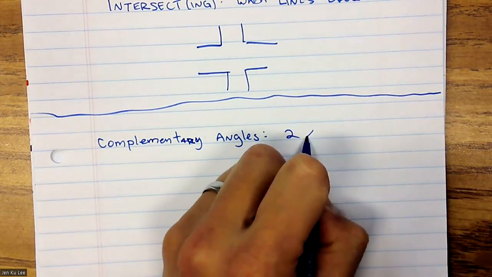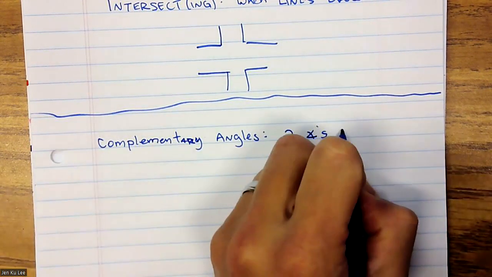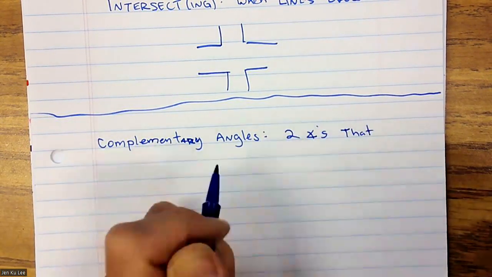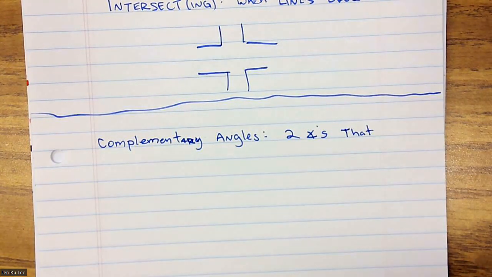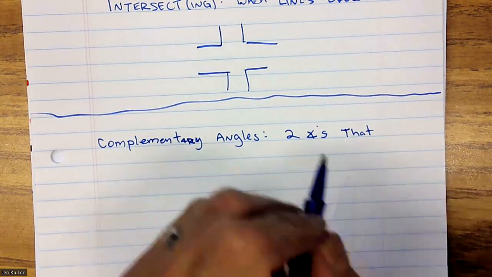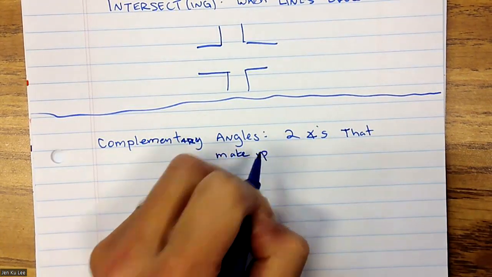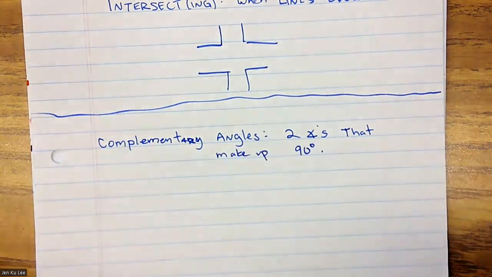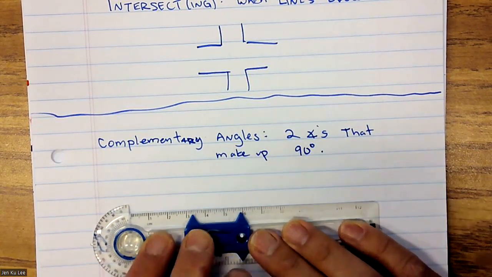They are two angles that make up 90 degrees.